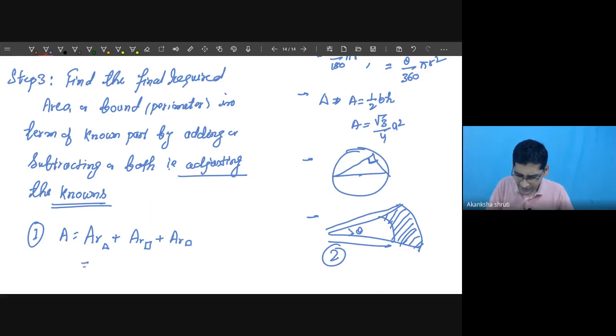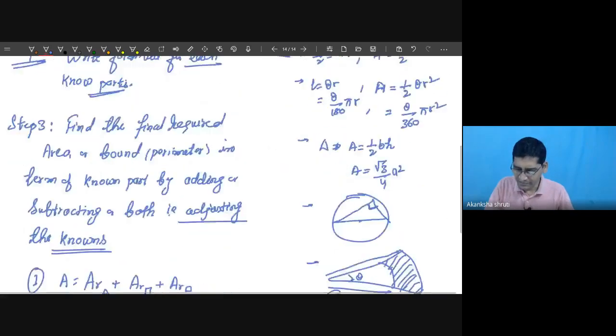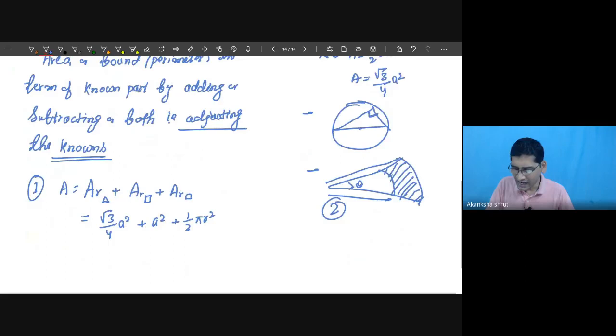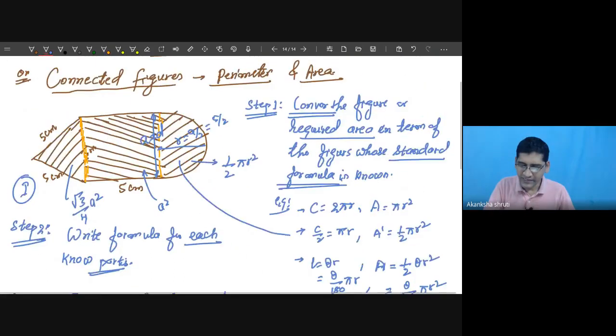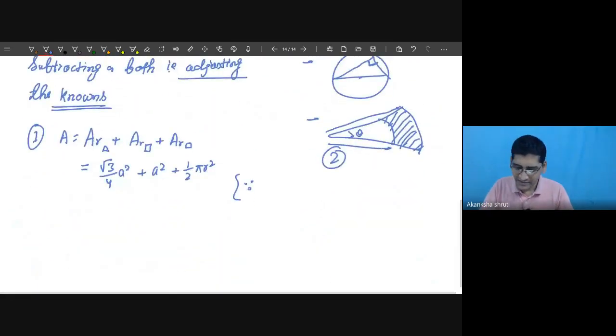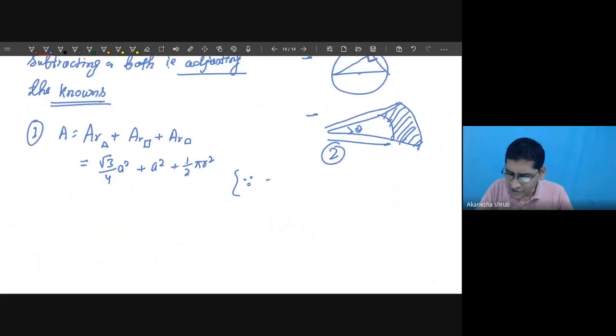We calculated root 3 by 4 a square plus a square plus half pi r square. Here we have two variables, r and a, but we have calculated the radius in terms of the side length of the square, as r is obtained by a by 2. So we need to do that substitution.